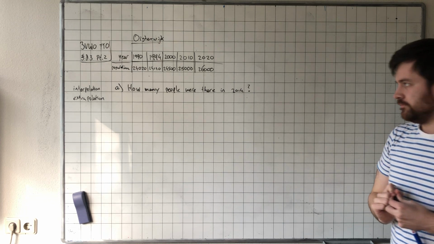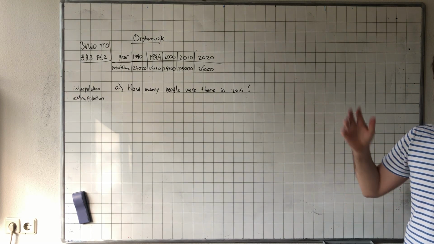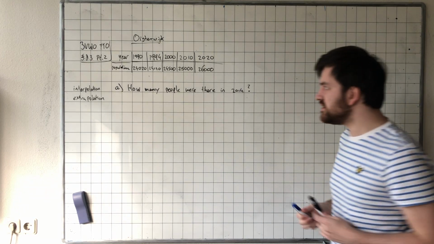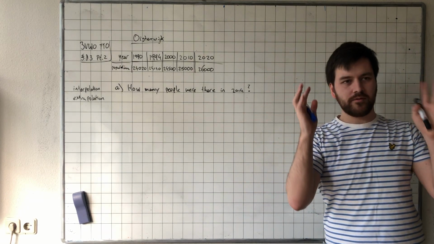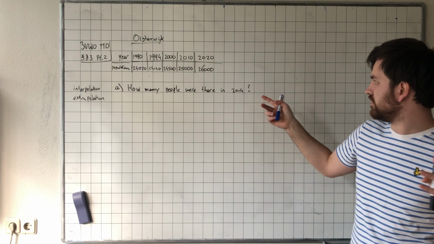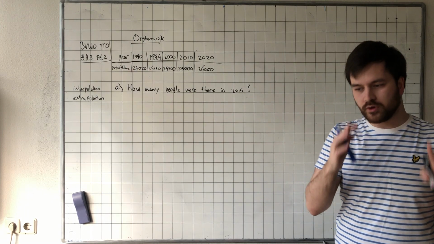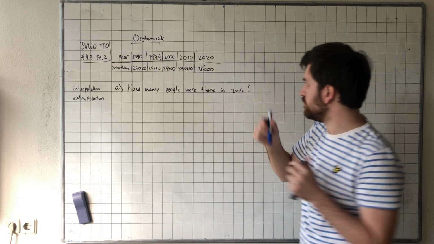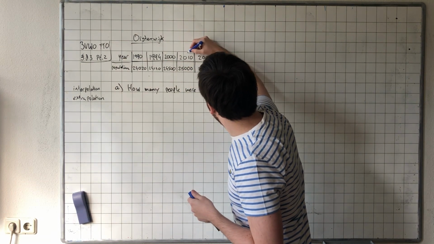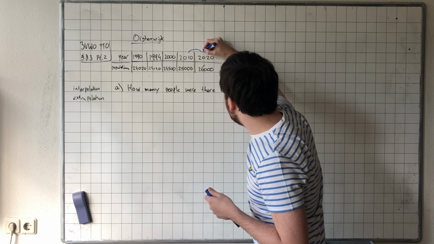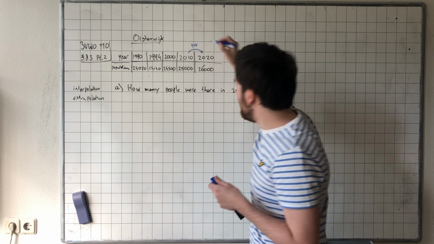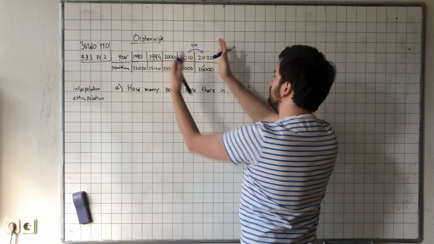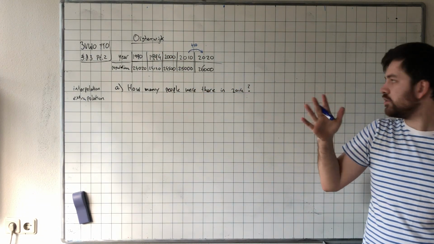And to do so, well, which 2 years should we use? Interpolation says we're going to use a time frame in which 2014 is, and we're going to use the best possible time frame. So we're not going to use 2000 and 2020, we're going to use 2010 and 2020. And the increase in years here is 10. And we're going to assume that in this small time period, in these 10 years, the growth was linear.